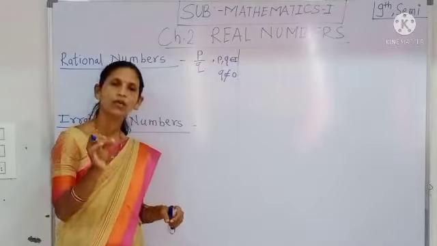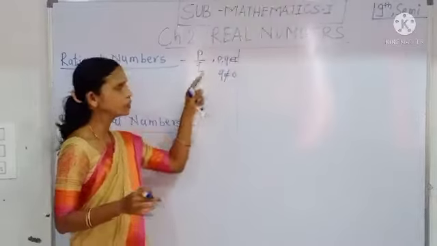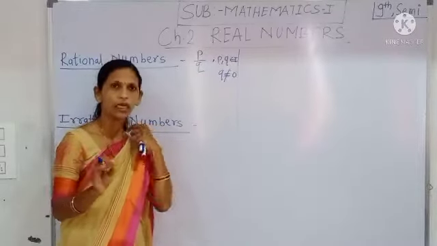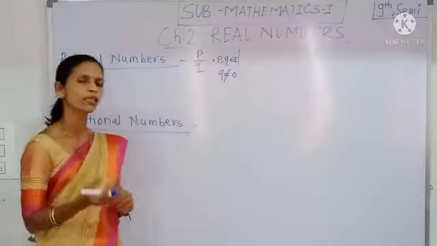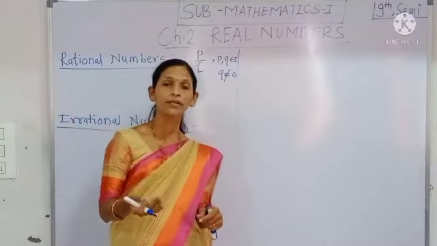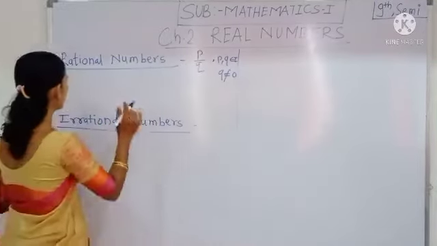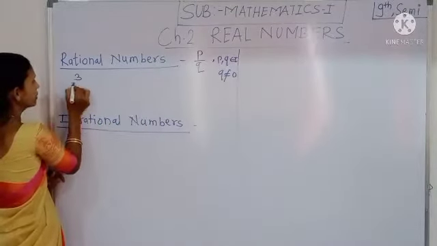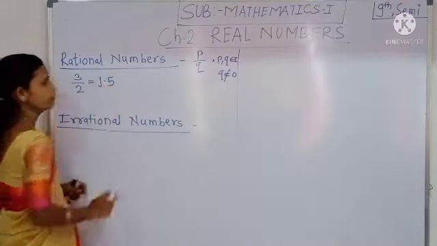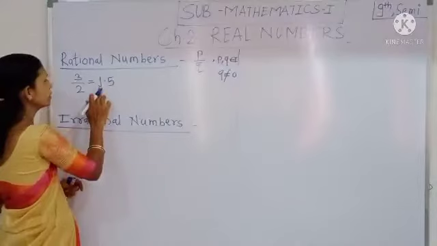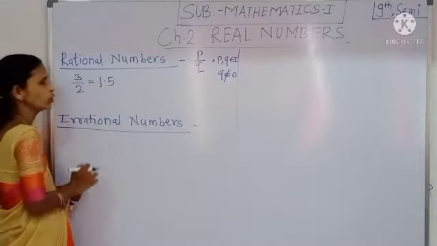That means we can write any rational number in p upon q form. Those rational numbers we can also write in decimal form. For example, 3 upon 2 is written as 1.5, so 1.5 is the decimal form of 3 upon 2.